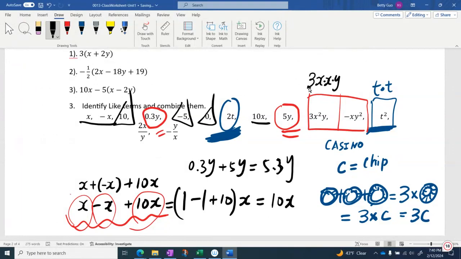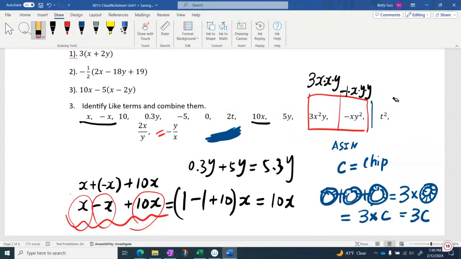A bunch of numbers and variables multiplied together or divided, but you will not see add or subtract. So the first one is 3 times x times x times y. And this one instead is negative 1 times x times y times y.